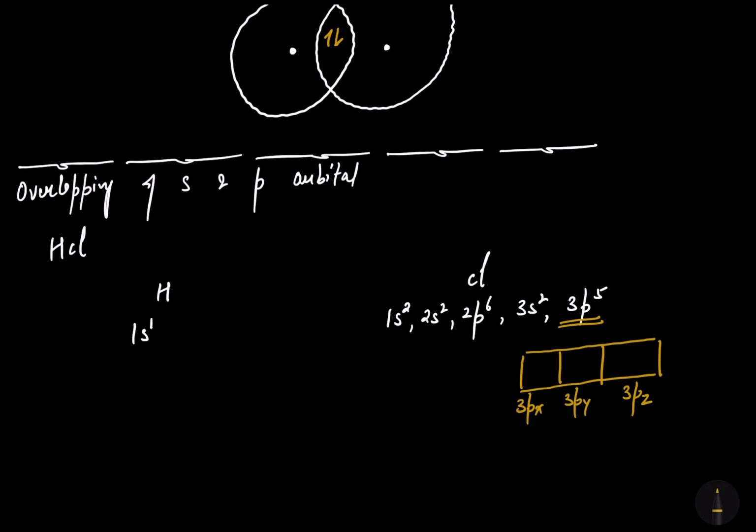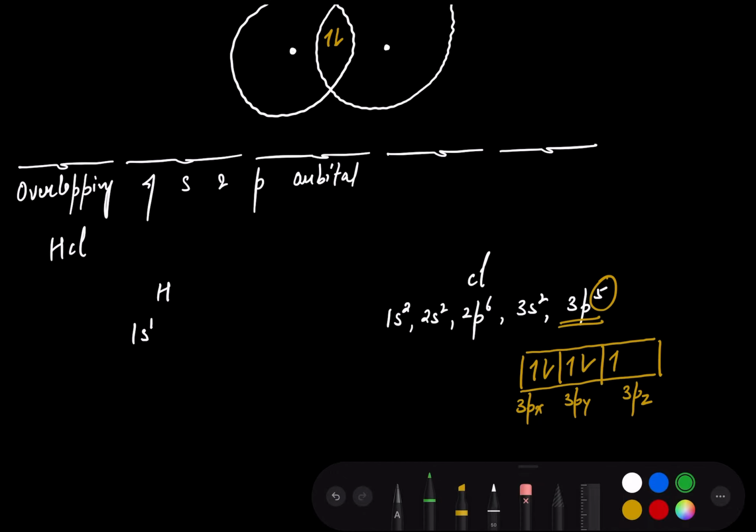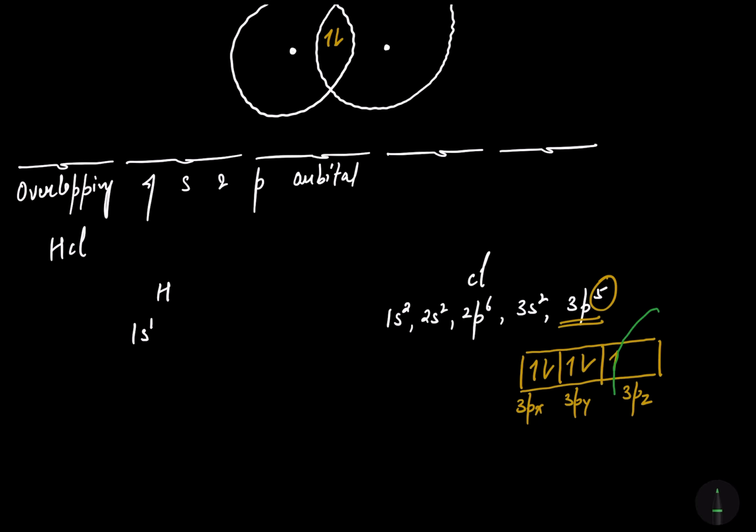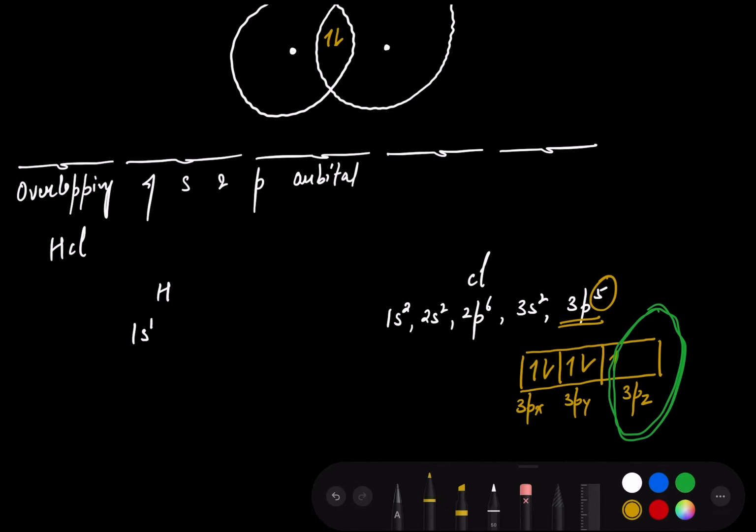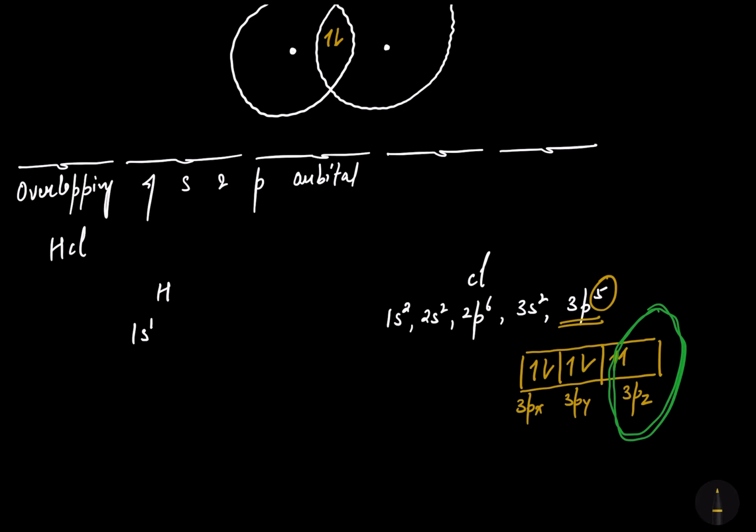So the first electron over here, second over here, third over here, we have to fill 5 electrons. So fourth over here, fifth over here. So finally at the last we got the 3pz, which needs one more electron to get paired. So 3pz will be the orbital which will overlap with the 1s orbital of the hydrogen.